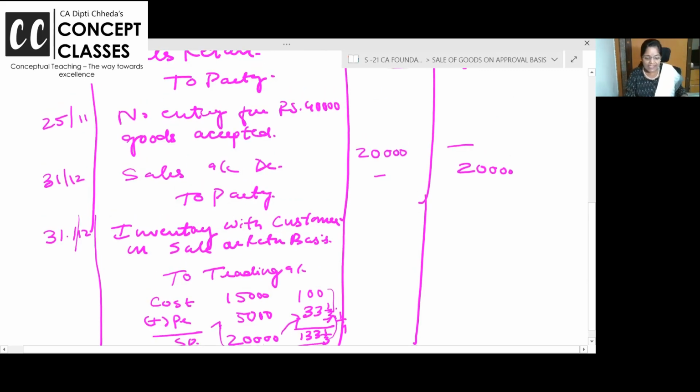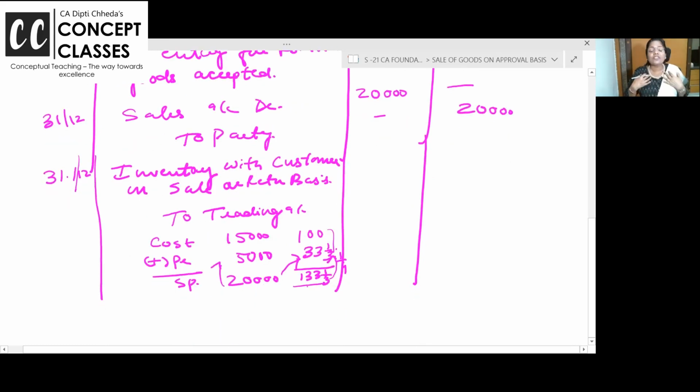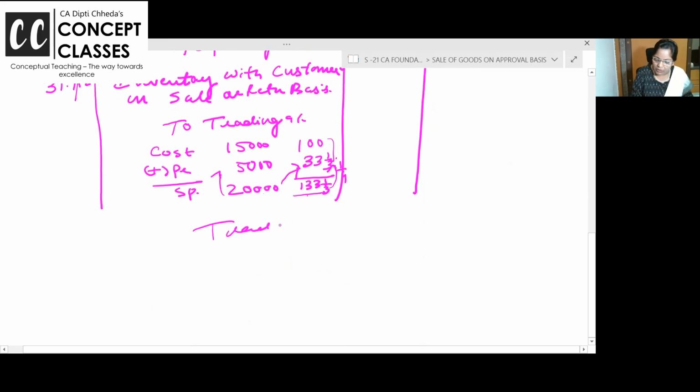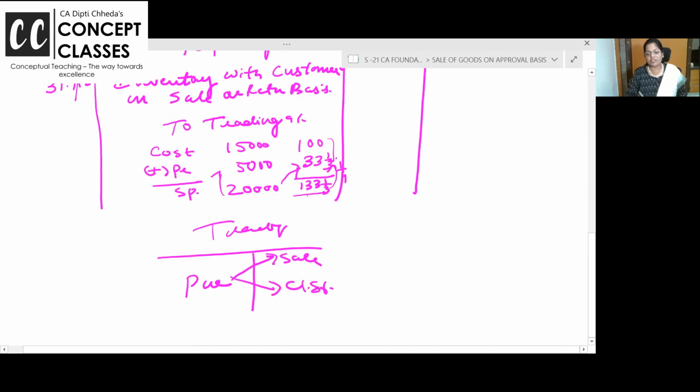You've reversed the sales, but still the stock is there. See, look at the picture of the trading account. Whatever goods you purchase, either they are sold or they are in the closing stock. Yes or no? These goods are not in my stock and my godown.